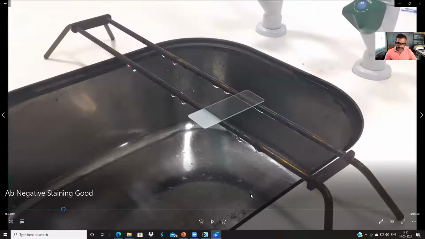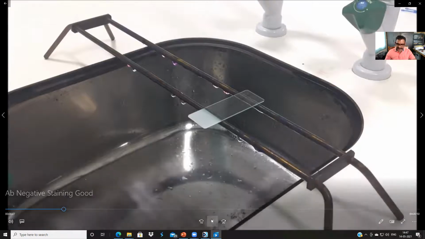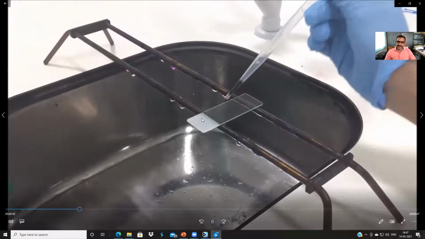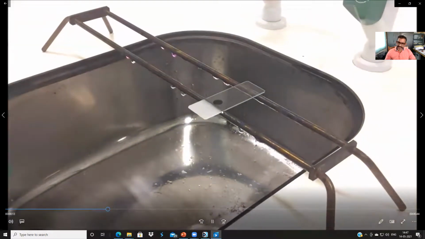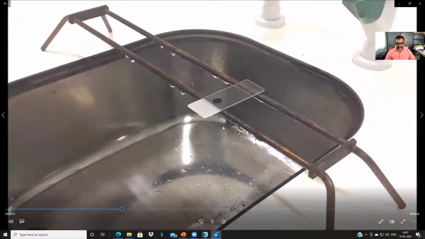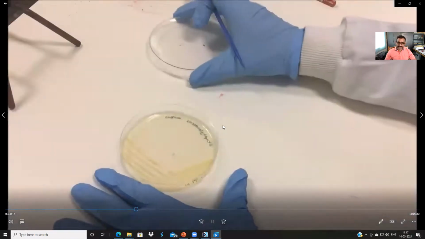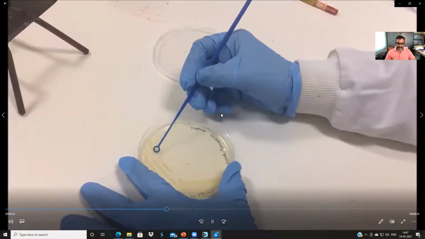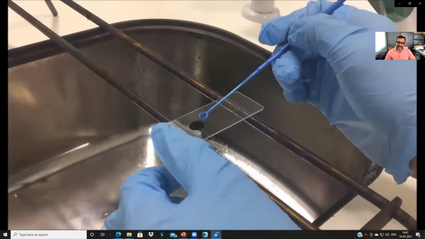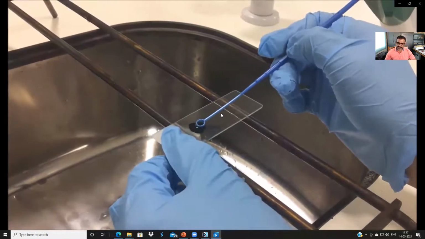So this is a video showing how we can do the negative staining. Take a clean slide. Put a drop of Indian ink or nigrosin. Take a bacterial culture with the help of a sterile loop and mix with the nigrosin.